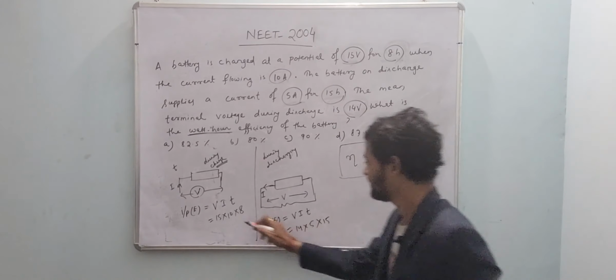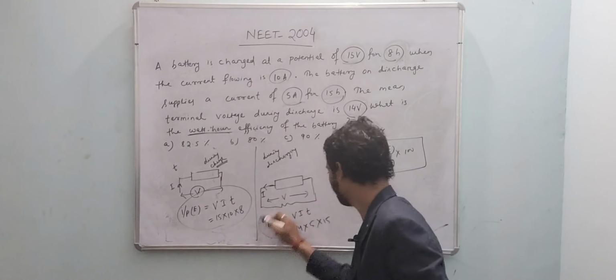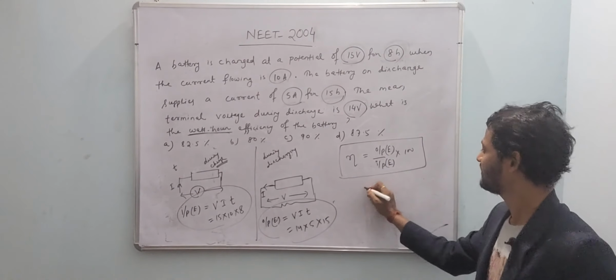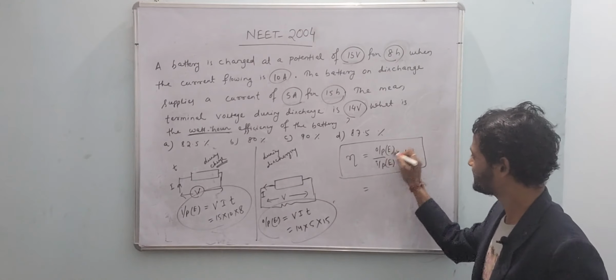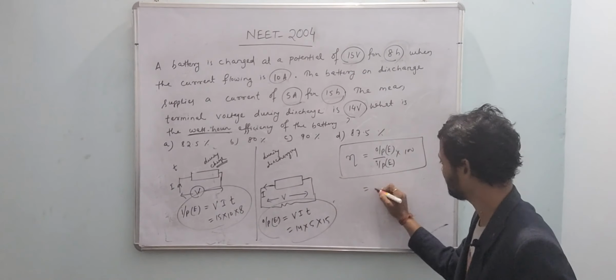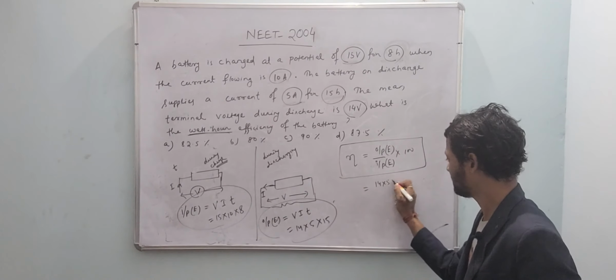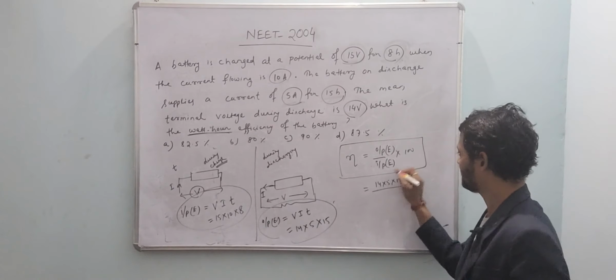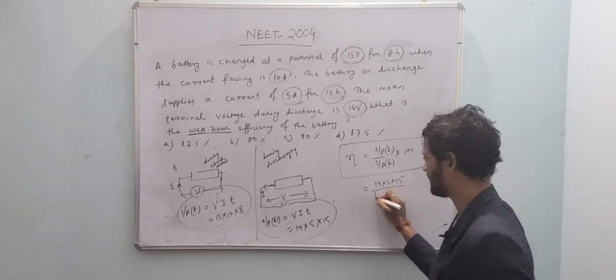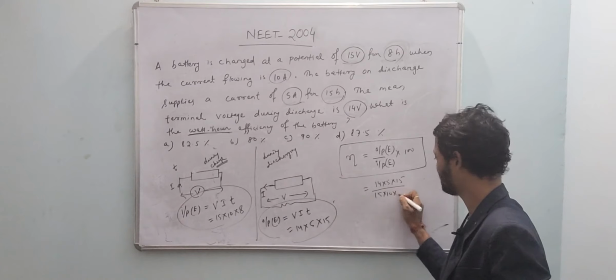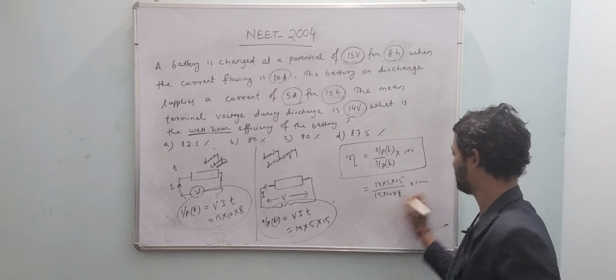So now we can put those values in this equation. In place of output energy we can write 14 into 5 into 15, and in place of input energy we can write 15 into 10 into 8, into 100.